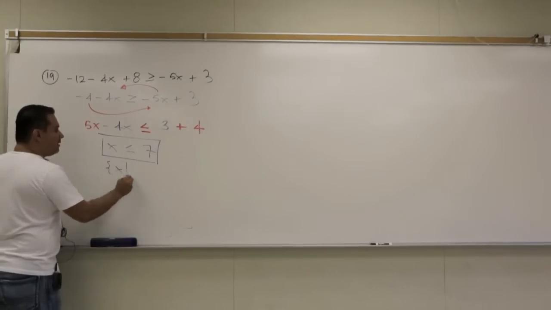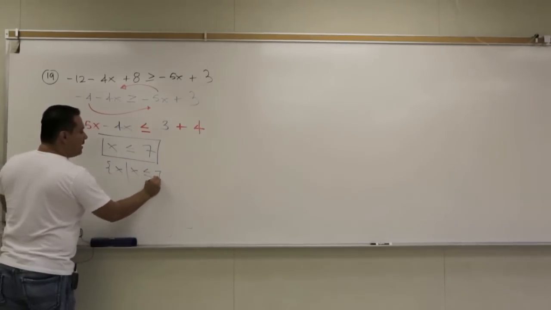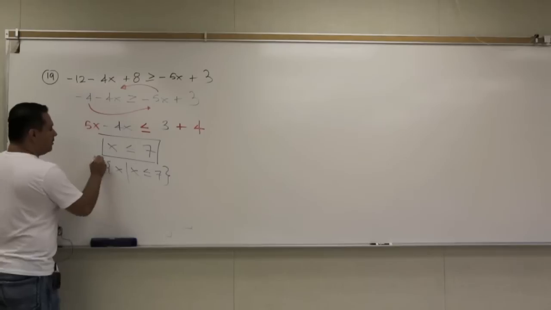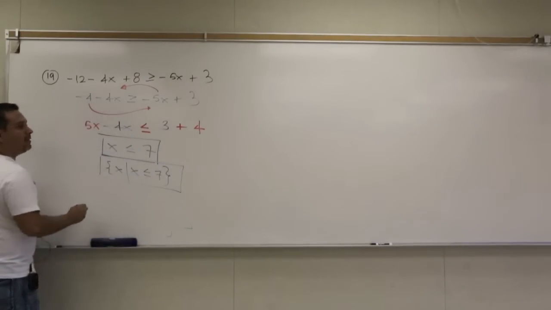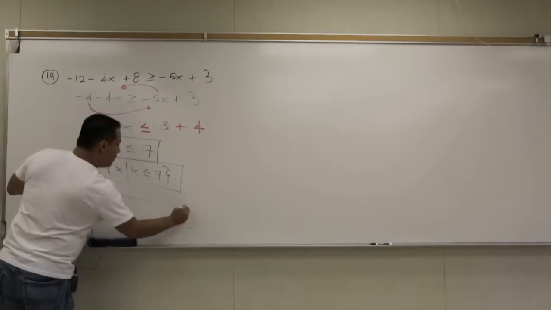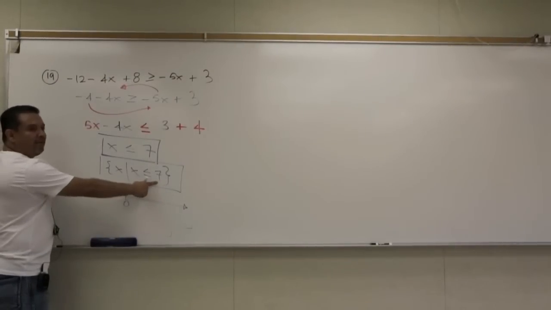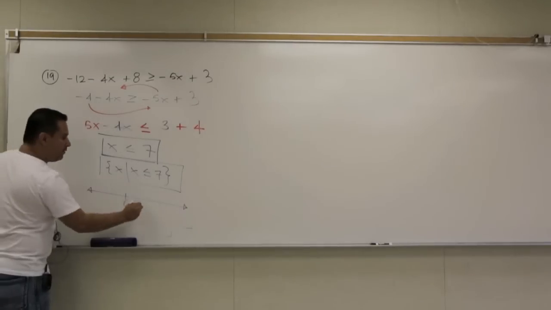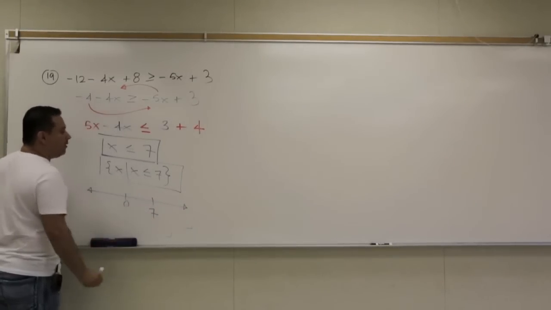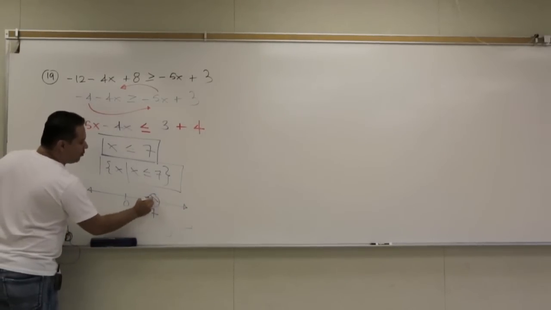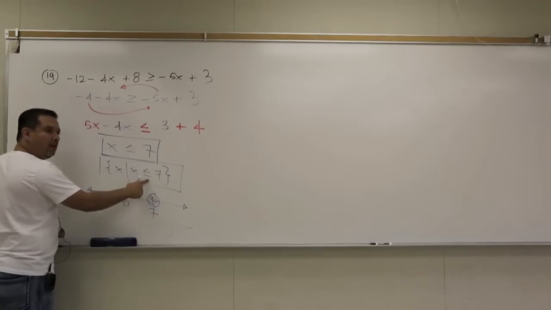Set of all x such that x is less than or equal to 7 as set notation. We go and we graph this again. Here's our graph. Here's 0 in the center. The reference number of 7 is positive, so it's to the right somewhere over here. It's a closed circle because we include the 7.